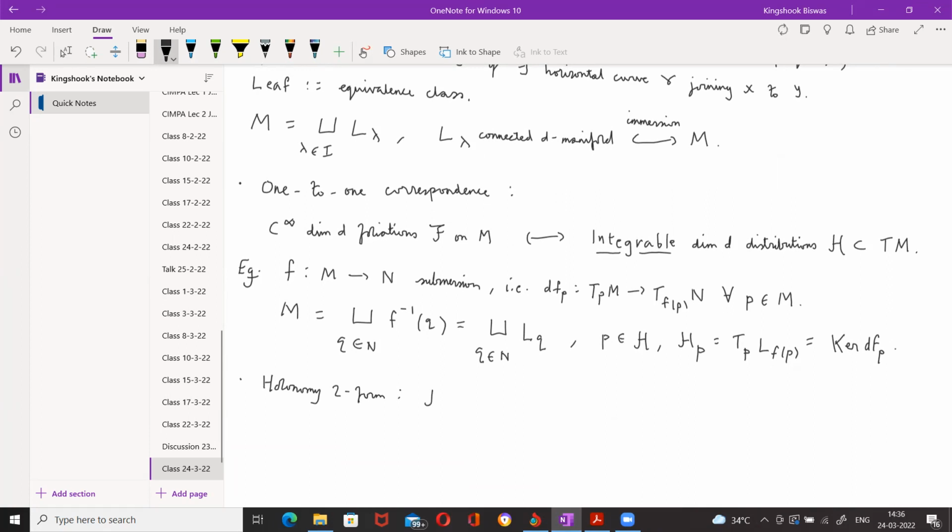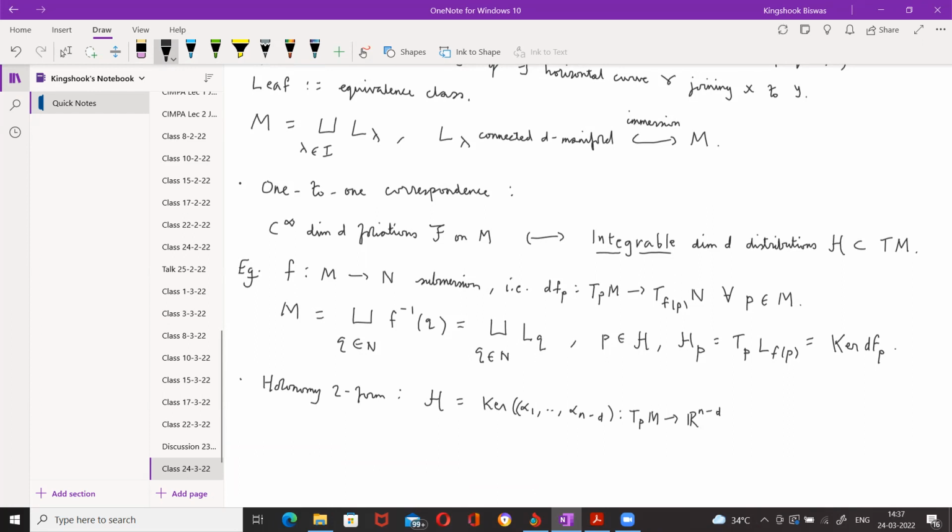We have H equal to, locally, the kernel of alpha 1 up to alpha n minus d. So this tuple goes from TPM to R^(n minus d).